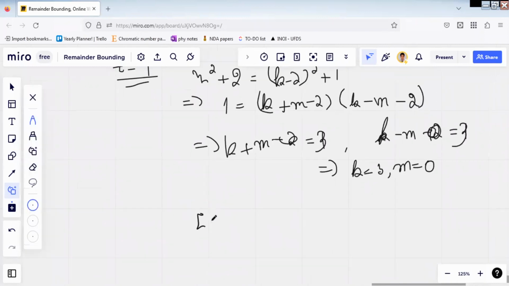For 2, you will get 2m square plus 3 equals k minus 2 square. What do you do now?